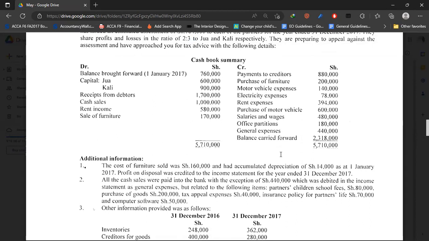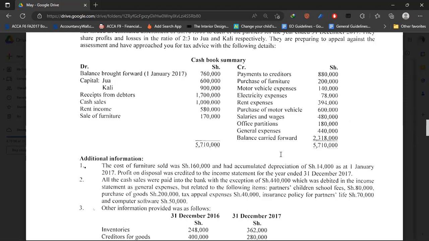All the cash sales were paid into the bank with the exception of 440,000, which was debited in the income statement as general expenses, but related to the following items: partners' children's school fees 80,000, purchase of goods 200,000, tax appeal expenses 40,000, insurance policy for partners' life 70,000, and computer software 50,000.